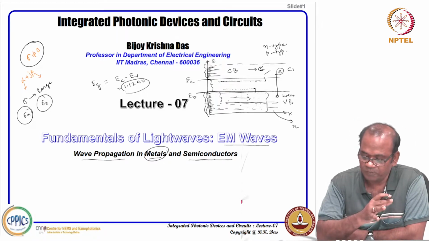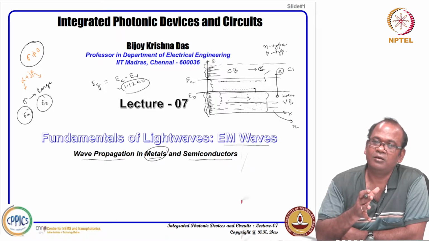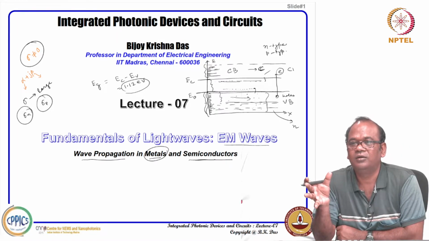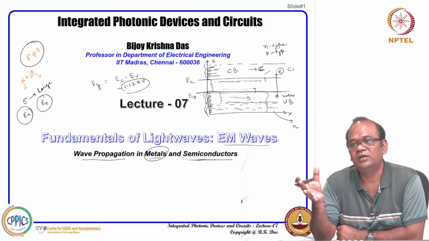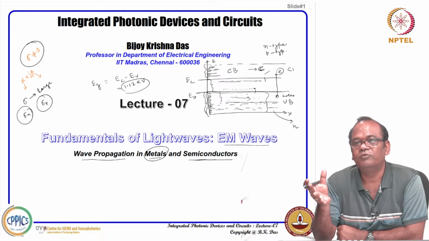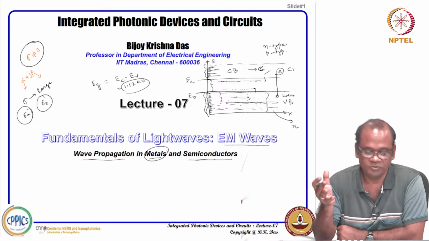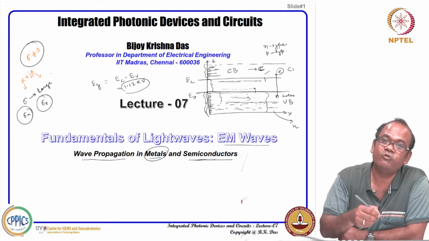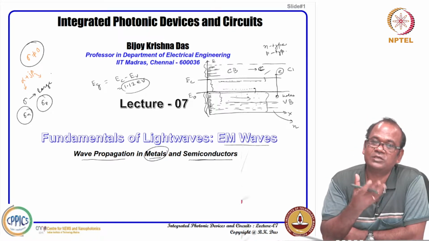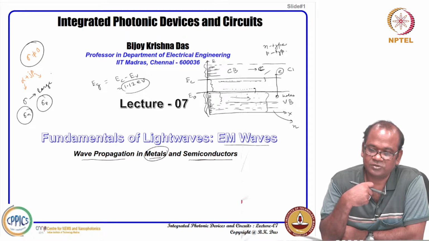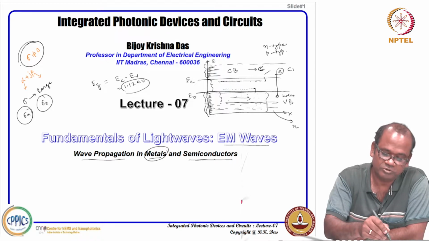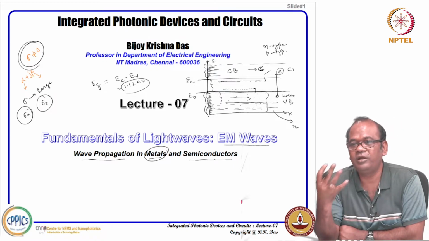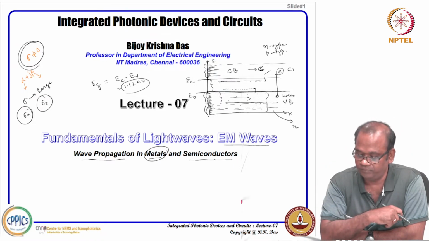So, that is how, whether it is a metal or semiconductor, they can be approximately considered as a material having some kind of sigma, which is equivalent to what we discussed earlier, lossy dielectrics. So, some sigma value not equal to 0 you have to consider, and you have to treat your electromagnetic wave accordingly.